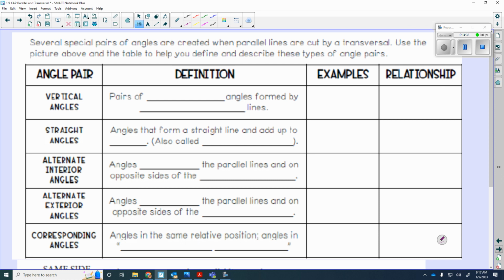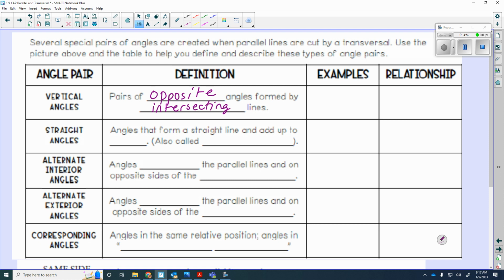Lots of vocabulary. Don't let it overwhelm you. First, let's start with the one that we know. Vertical angles. Okay? What are we going to say? Pairs of opposite angles that are formed by intersecting lines. Okay?